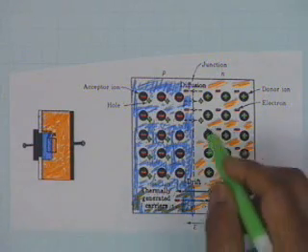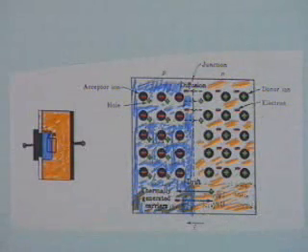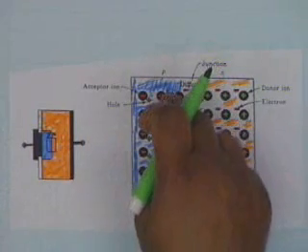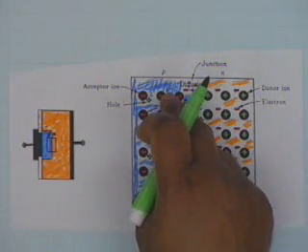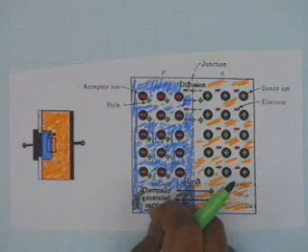The holes here are mostly contributed by doping, but there are holes also contributed by thermal energy. The electrons here are mostly contributed by thermal energy, because this region has only acceptor type impurity, p-type, and therefore whatever electrons are here, they are mostly thermally generated.